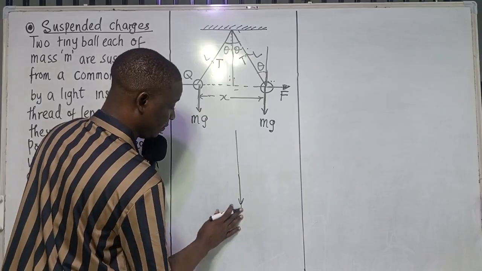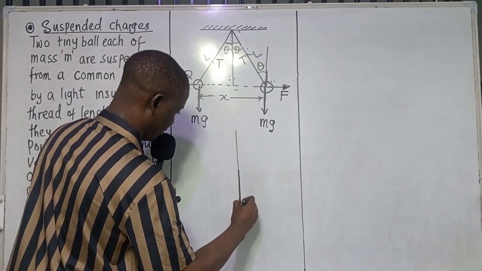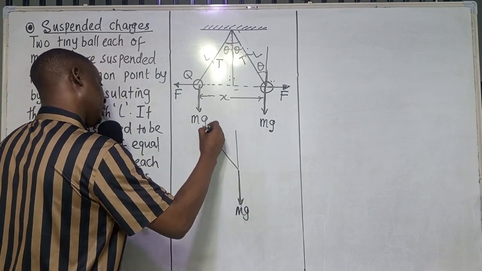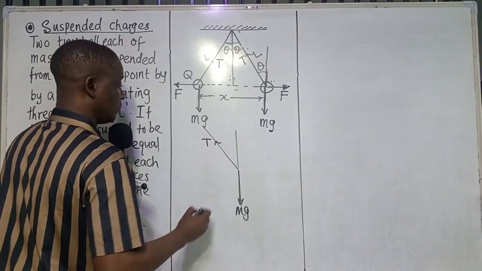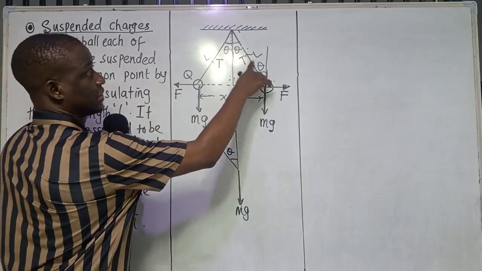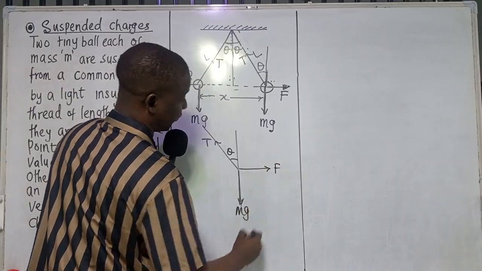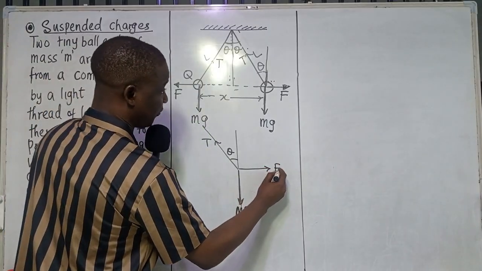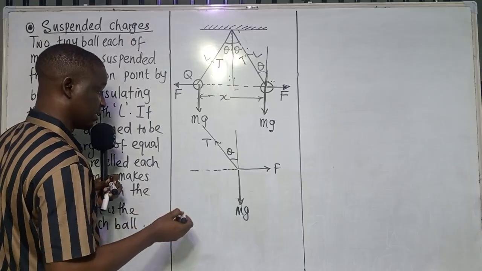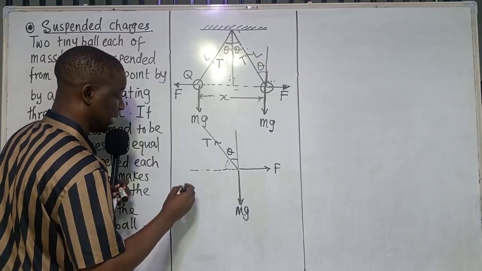Now, we have the weight here. The weight is equal to mg, downward. We have the tension T here, and theta here. If I redraw this diagram, this is the force F. Let's extend it to this place; this is 90 minus theta, but we don't need that one.